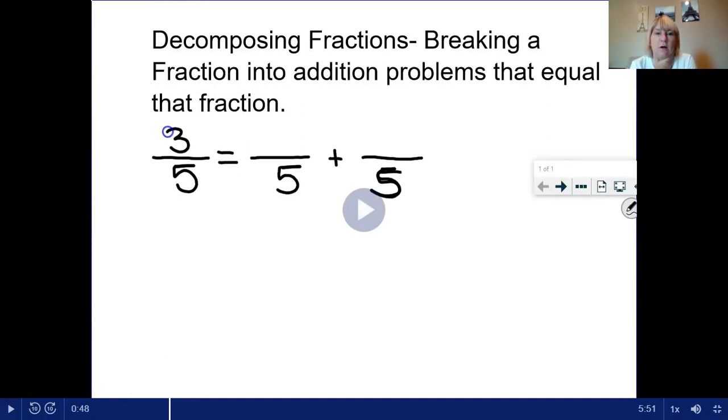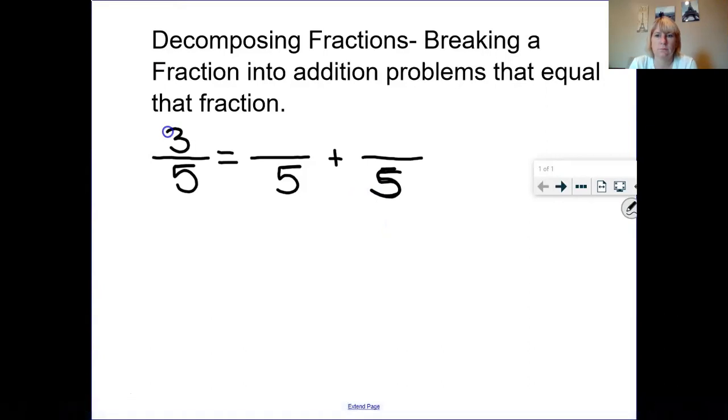The numerator is on top. Because my denominator stayed the same, what is an addition problem that equals 3? What about 2 plus 1? I just decomposed that fraction.